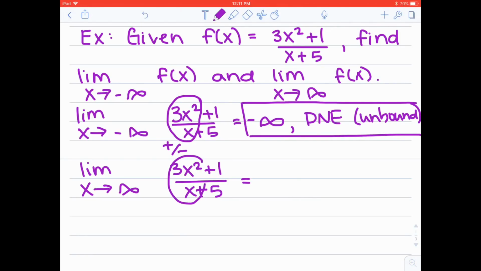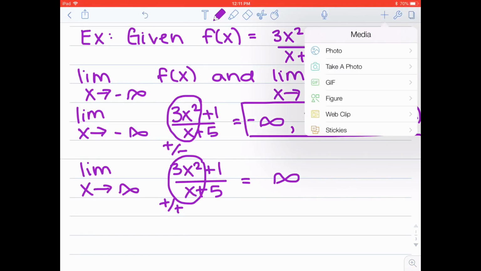We're looking at the one that wins, and we know that it's going to be infinity, and we just have to figure out what sign that infinity should have. So on the top, 3 times infinity squared is going to be positive. On the bottom, we have a positive infinity, and since we have a positive divided by a positive, that gives us a positive infinity.